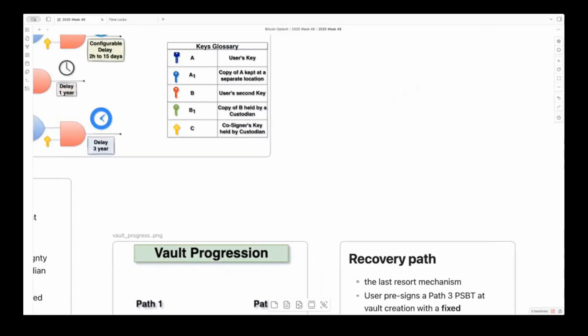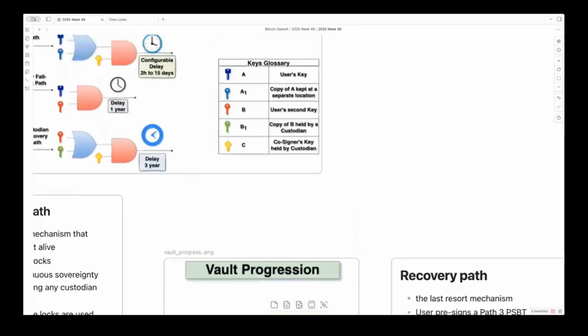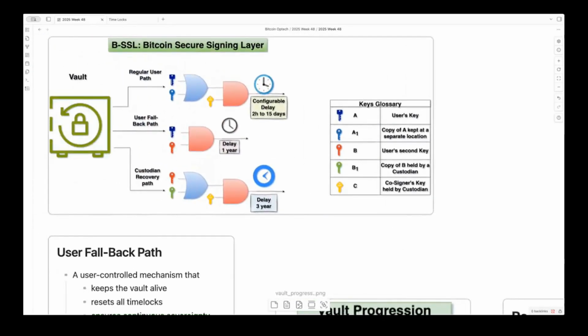Then finally, you have this recovery path. It's a last resort mechanism. Typically, when you create the vault, you will pre-sign this transaction and keep this PSBT ready. It'll be either your key, or the second custodian's key and the first custodian's key, and you'll sign this PSBT and keep it ready.